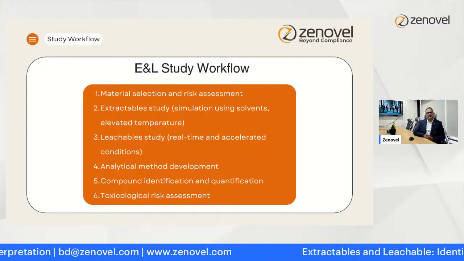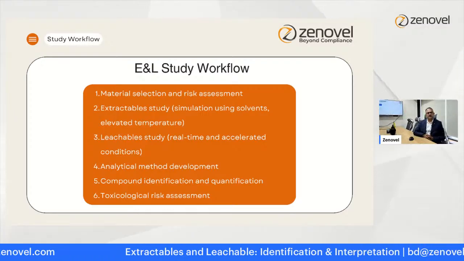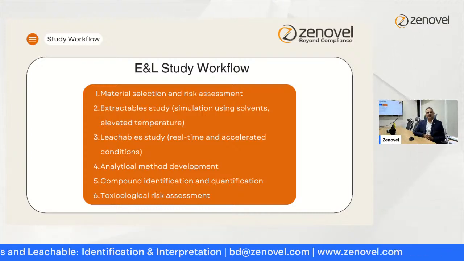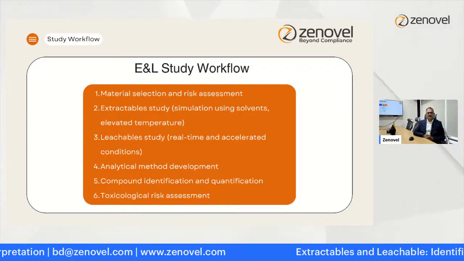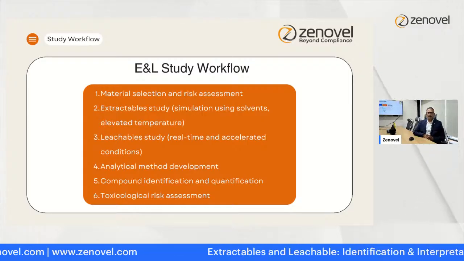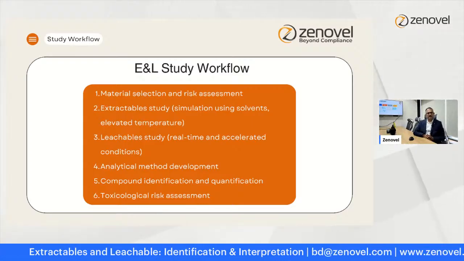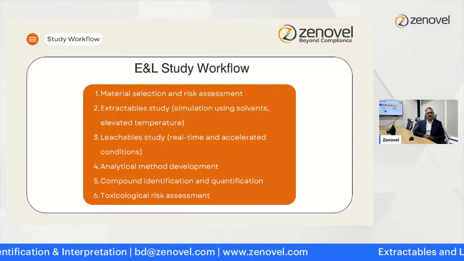This is a generic study workflow to perform extractable and leachable studies. First, as we have discussed, material selection and risk assessment based on the available literature data. Second is the extractable study. There are two kinds of extractable studies: simulated and controlled extraction studies using solvents and temperature.